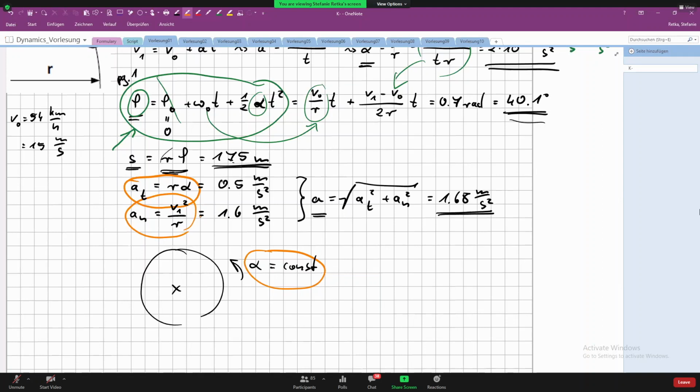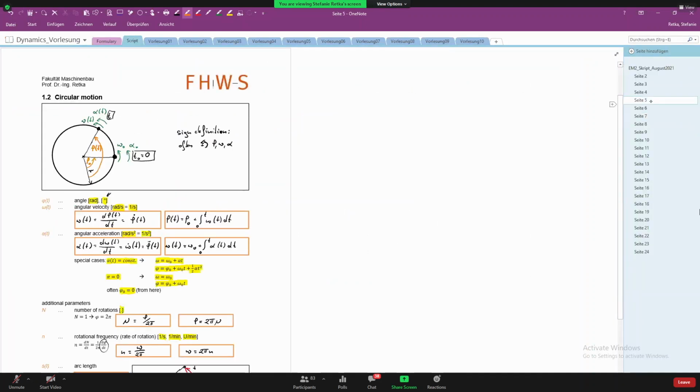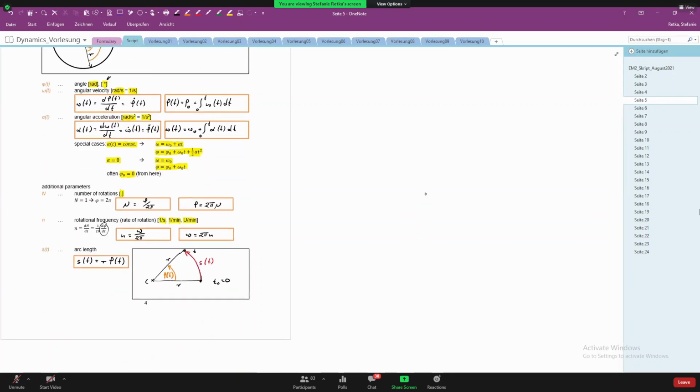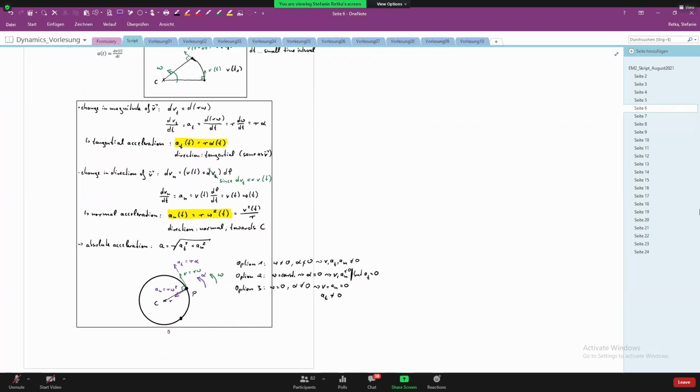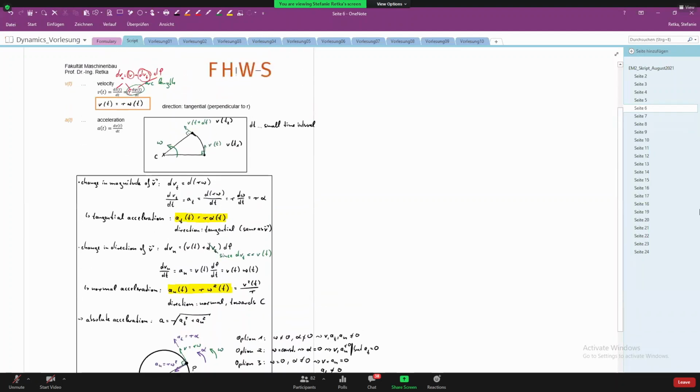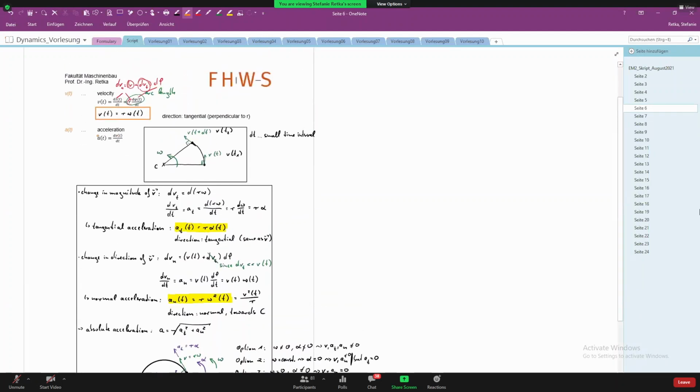I don't quite understand which formula you're referring to. Lecture sheet page number 5, the first formula, v_t is equal to R d phi by dt. Yes, but that's just for rectilinear motion. No, the velocity, but it also gives me the angle.